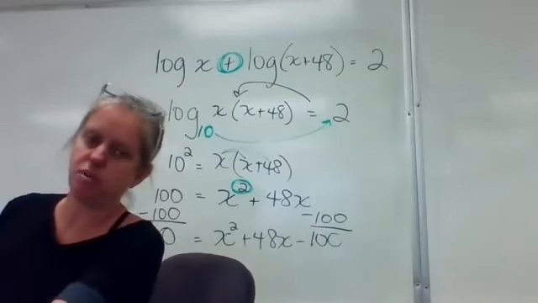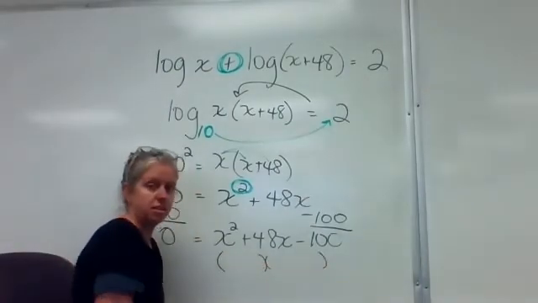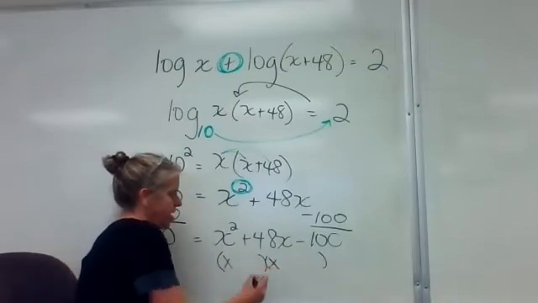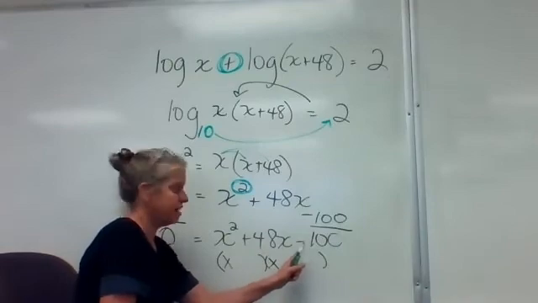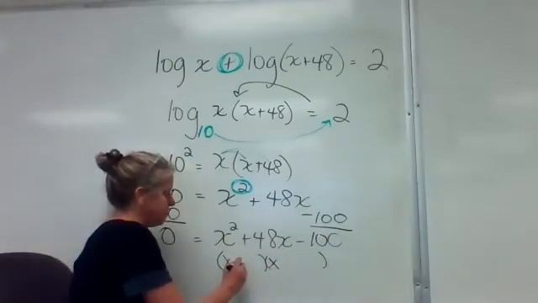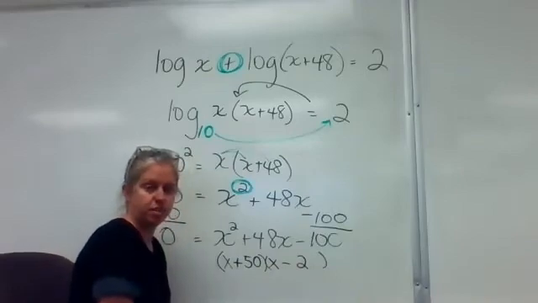Okay. Also, if you don't have the quad program, you would have had to factor this. X and x for x squared, numbers that multiply to give me negative 100 and add to give me positive 48 are a positive 50 and negative 2.